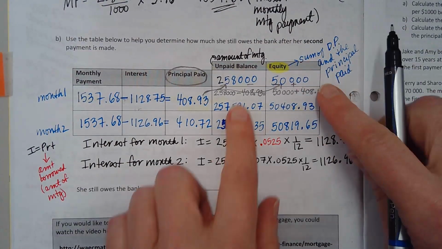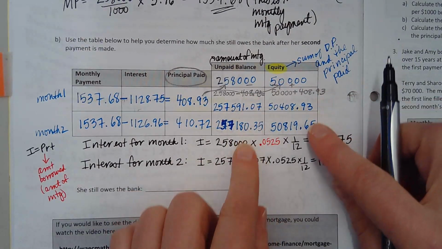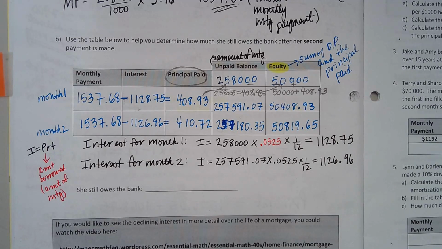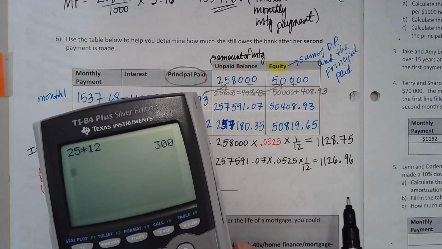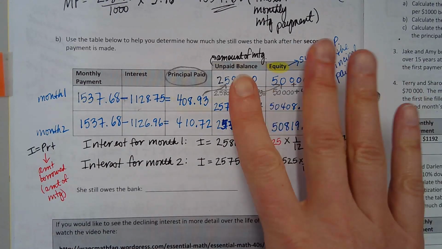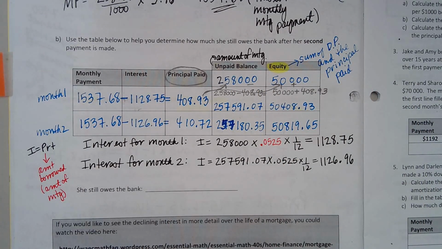At the end of her 25 years, so she's going to have 25 years times 12 a year, she's going to have 300 rows. So in 300 months, she'll have paid off the house. At the very end of her 300th payment, think about this, this is the unpaid balance, right?